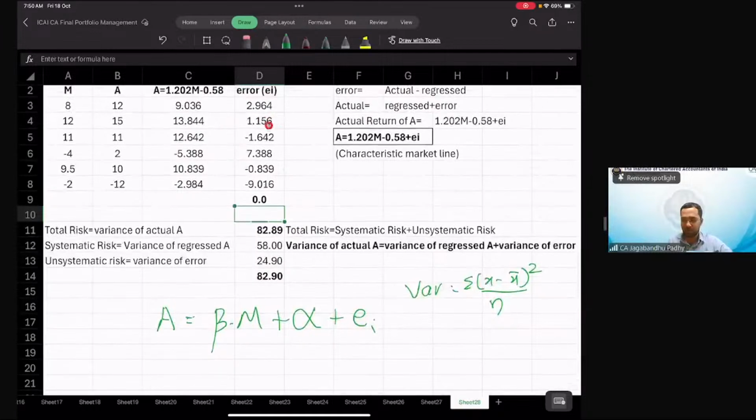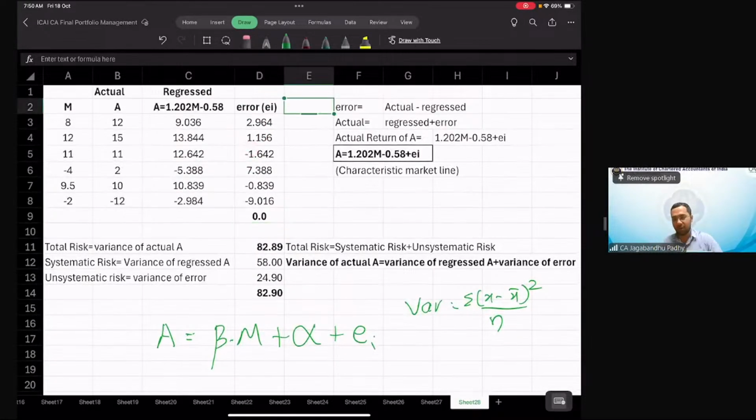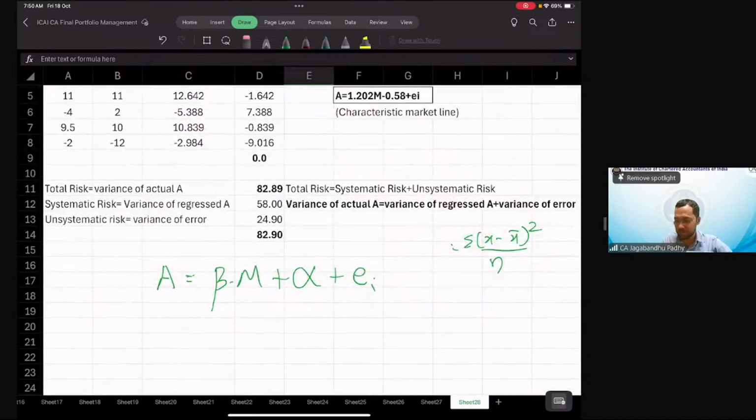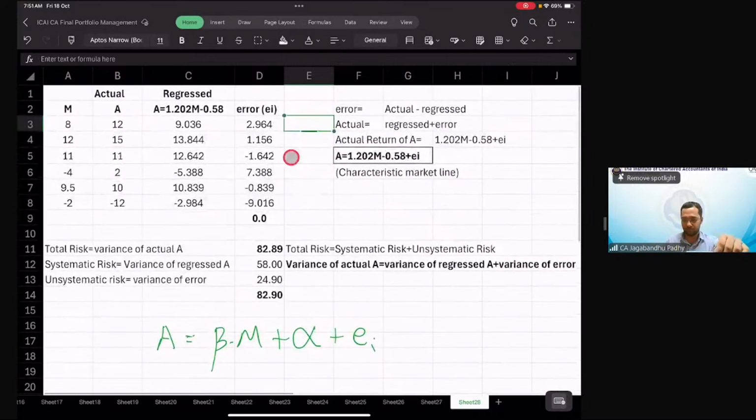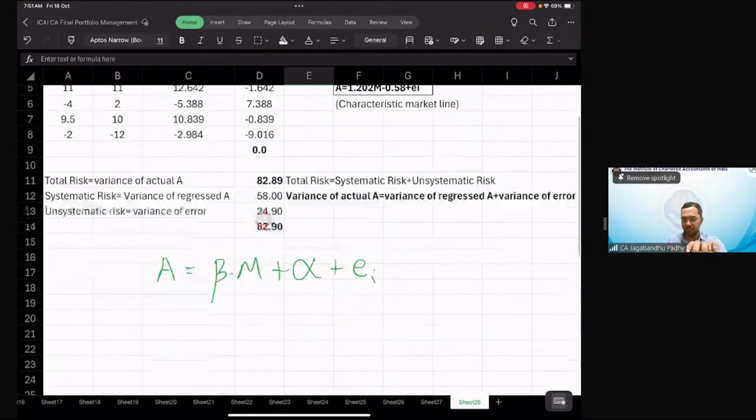So if you want to calculate the variance of the error term, you will have to take error term minus expected return, which is 0, but it has to be the whole square. Okay, sir, got it. So variance of the error term is not 0. The expected return or the mean is 0 for the error term, but there is definitely a variance.